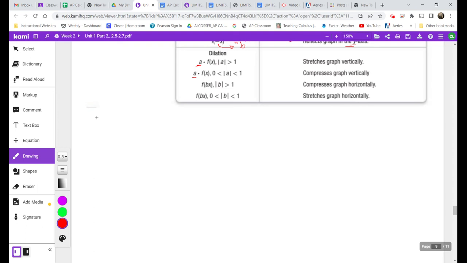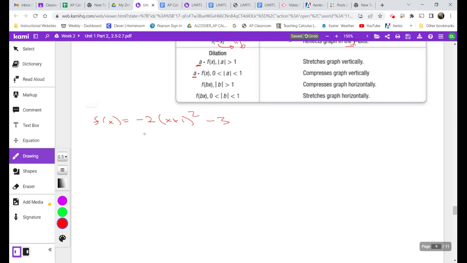So if I have f of x equals negative 2 times (x plus 1) squared minus 3. Let's talk about this.